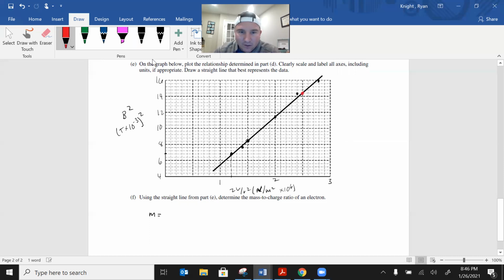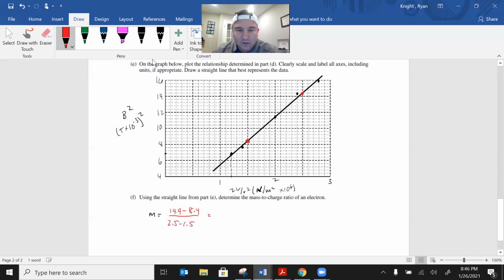I picked this point right here, and where's my second point? I think it's this one right here. And if we look at those points, rise over run, Y2 minus Y1, that's 14.4 minus 8.4 over 2.5 minus 1.5.